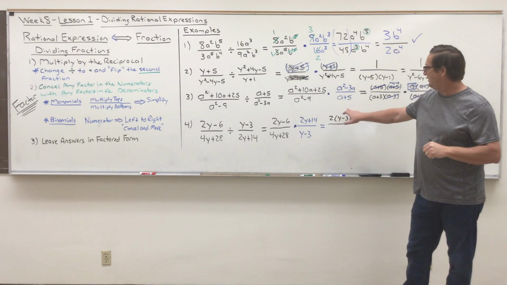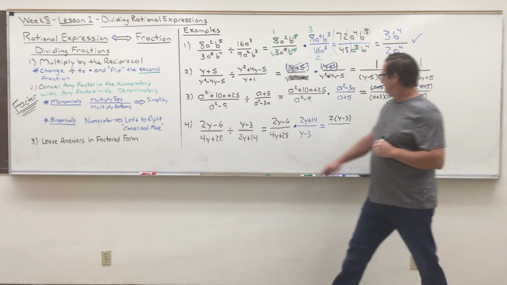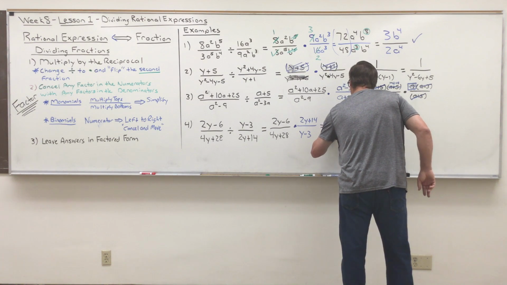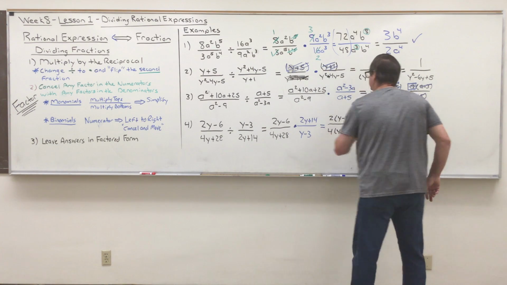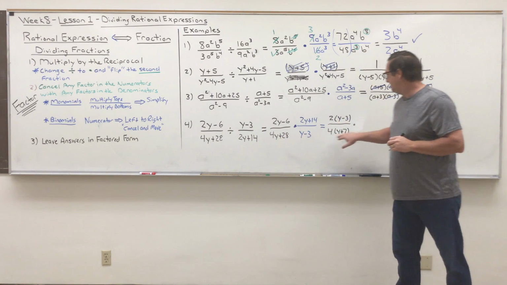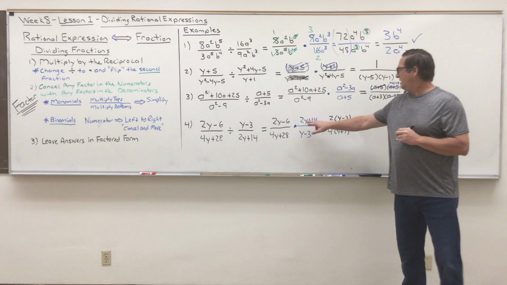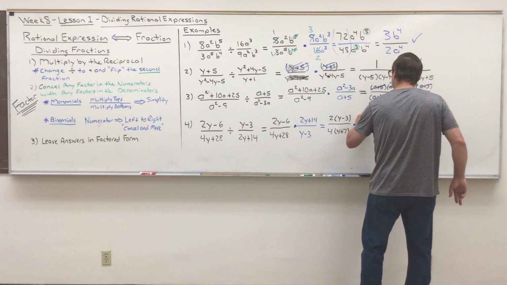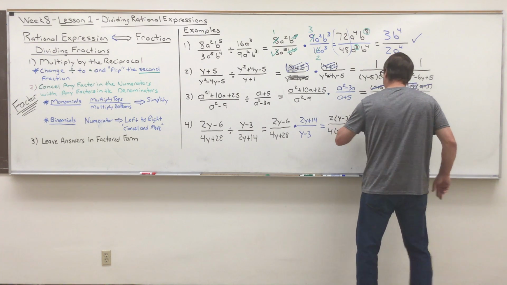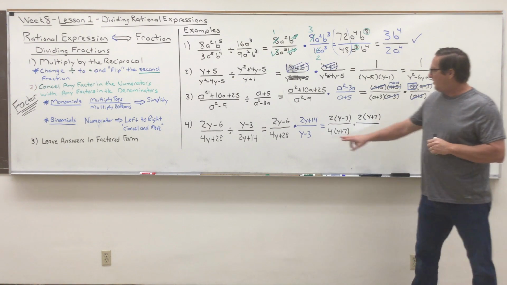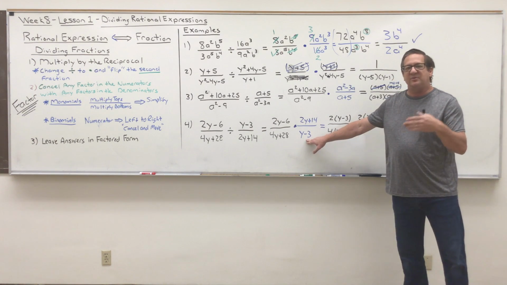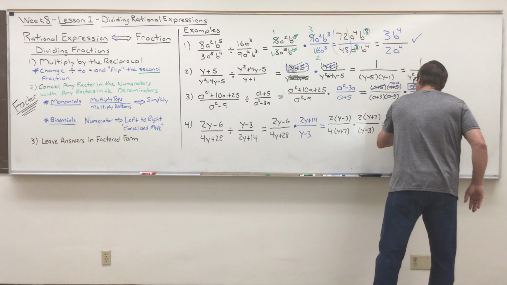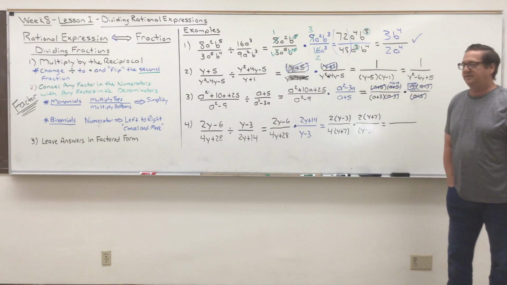I pull out 2, y minus 3. 4y plus 28. Four times y plus 7. 2y plus 14, GCF of 2. And y minus 3 is a binomial, no GCF, no difference of squares. Protect with parentheses.